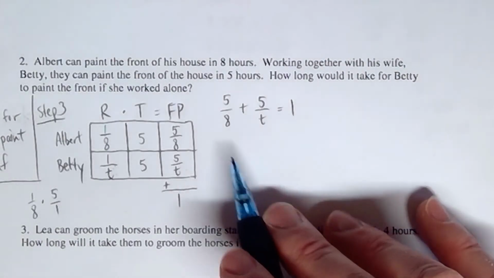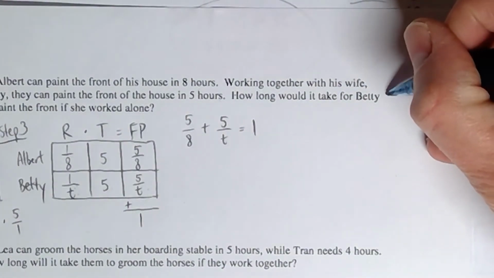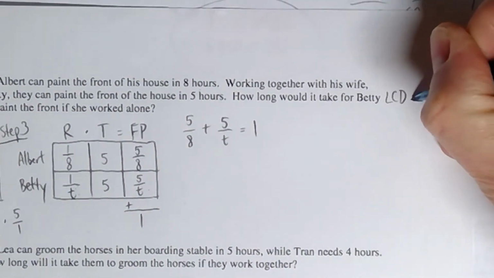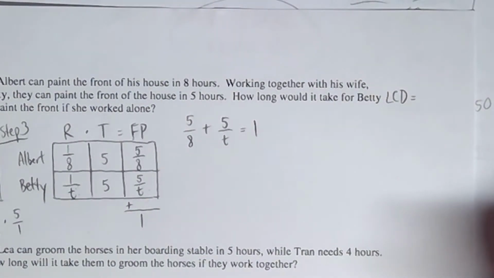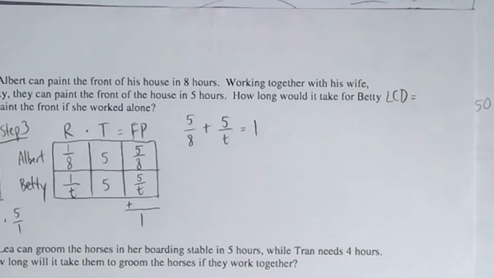Now that I have my equation that I need, I solve it. And I solve it by, since this is a fraction equation, we need the LCD. I know that there's some problems where we didn't need the LCD when we did fraction equations. For example, if you just had a single fraction on each side and you were able to cross multiply, that's different. But this is not one of those types.